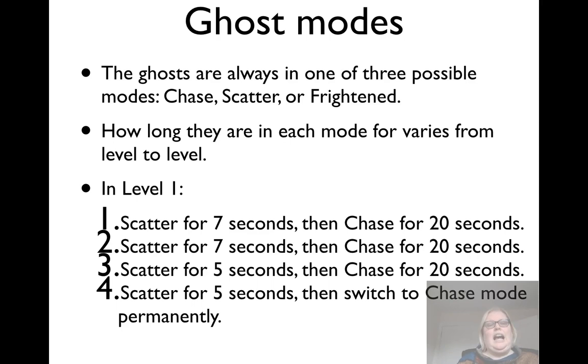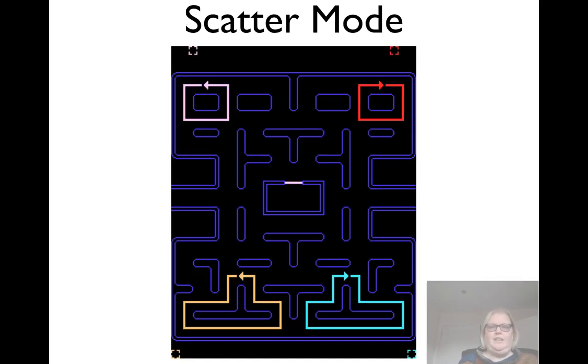And this is how they actually show the difference between levels. So in level 1, they scatter for 7, chase for 20. That scatter time will get lower and the chase time gets larger as the levels get more difficult. And that's the only thing that changes the difficulty between the levels.